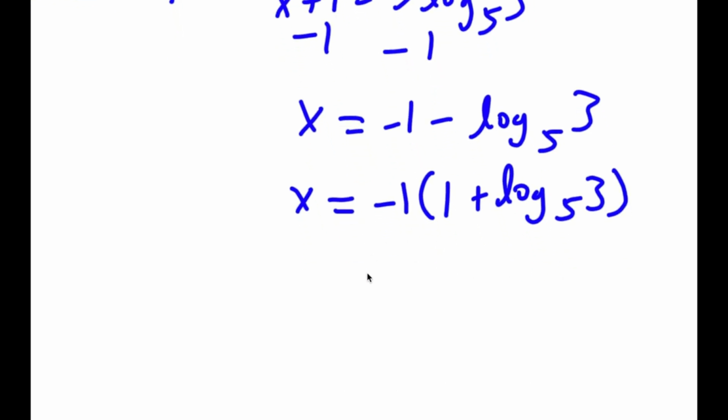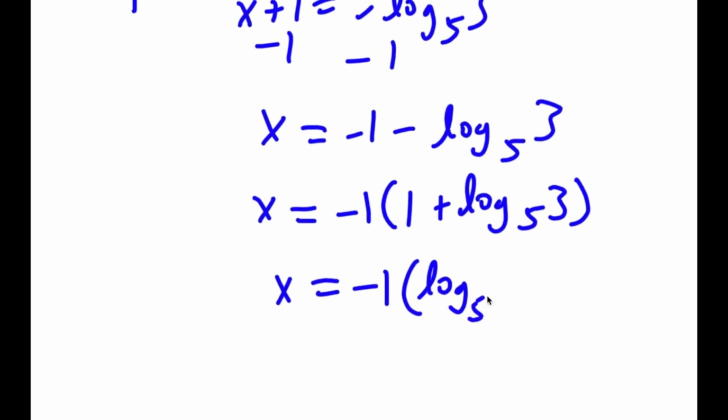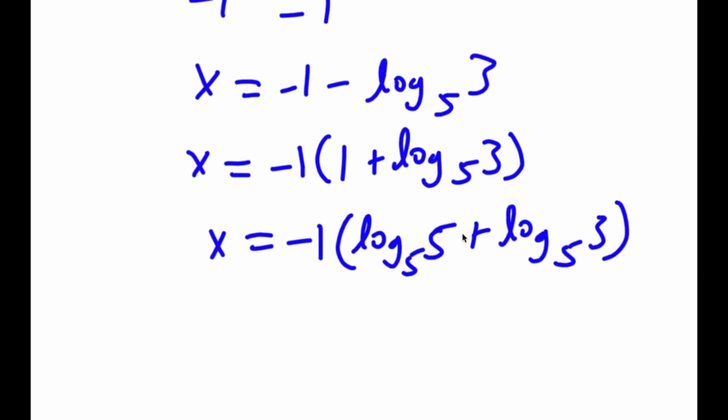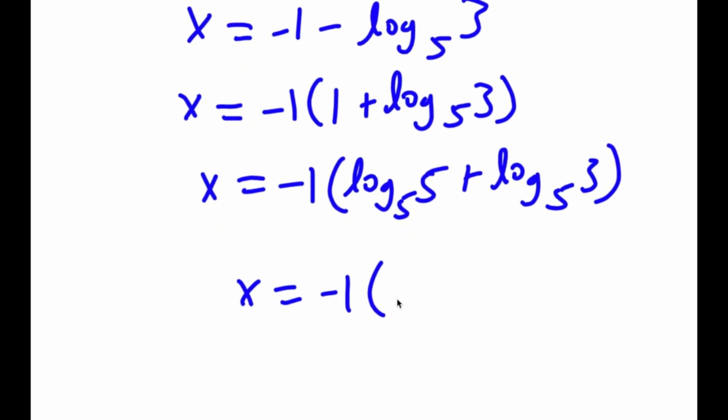And now this is equal to negative 1 times 1 is the same thing as log base 5 of 5 plus log base 5 of 3. And now if I combine these, I get negative 1 times log base 5 of 5 times 3, because these two multiply.